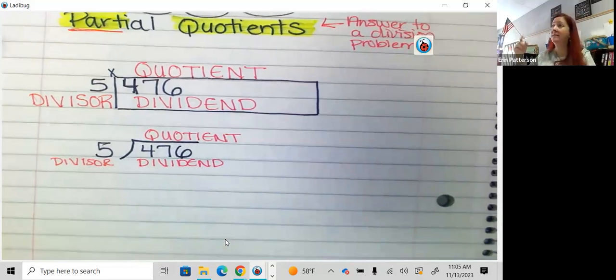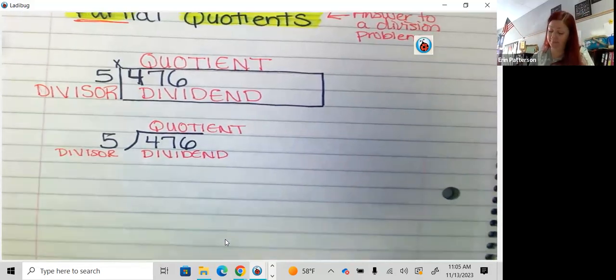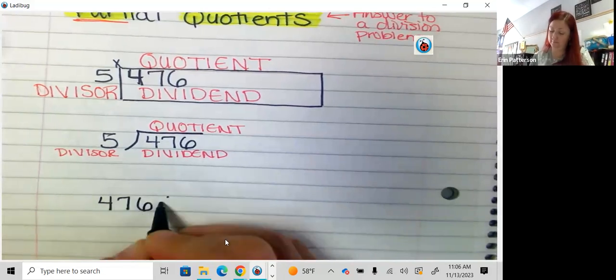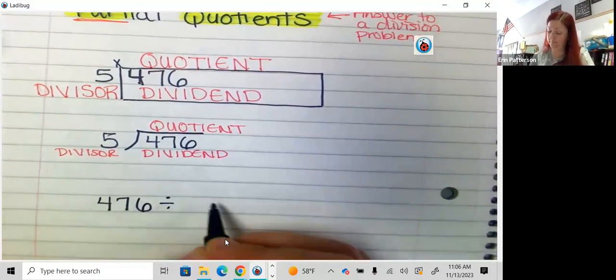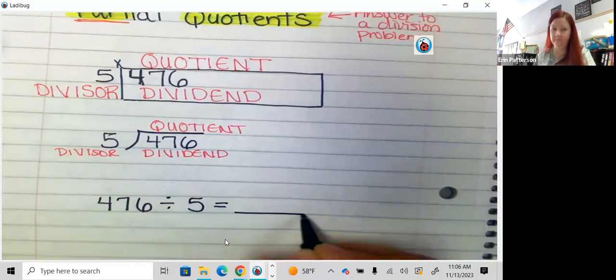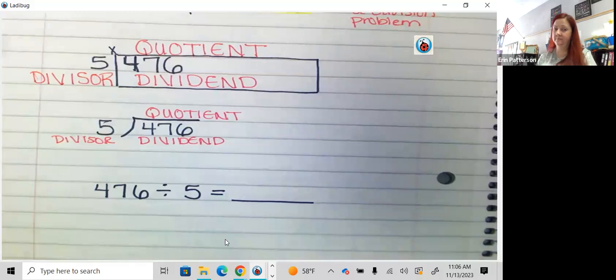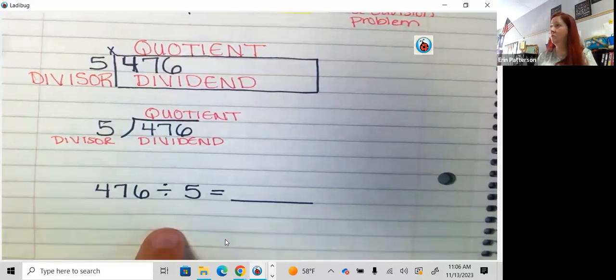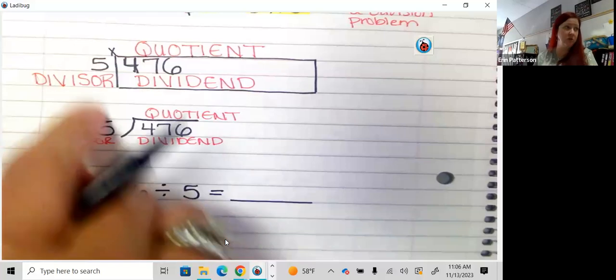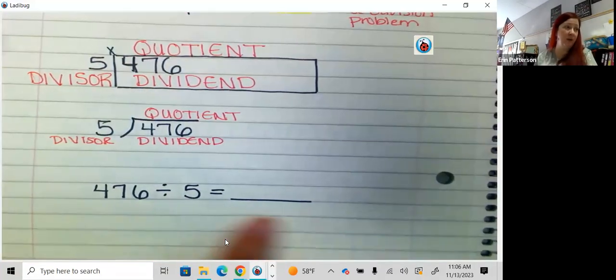You will see it written this way sometimes. We could do this if it was a basic fact, but I'm going to have to take this and turn it into one of these to work it out. This is just how it's often written.